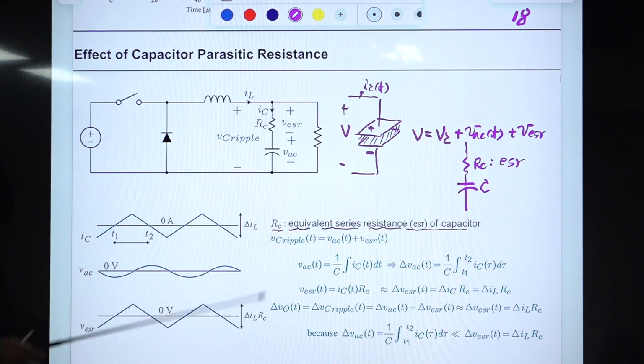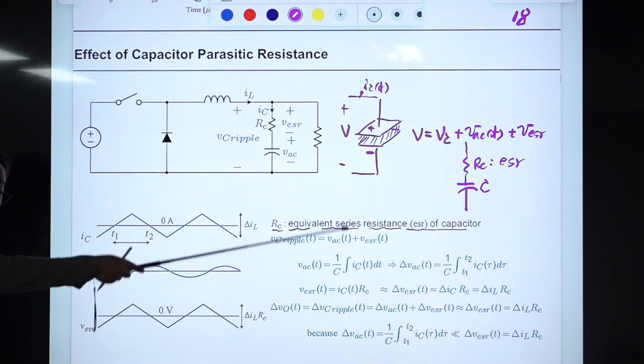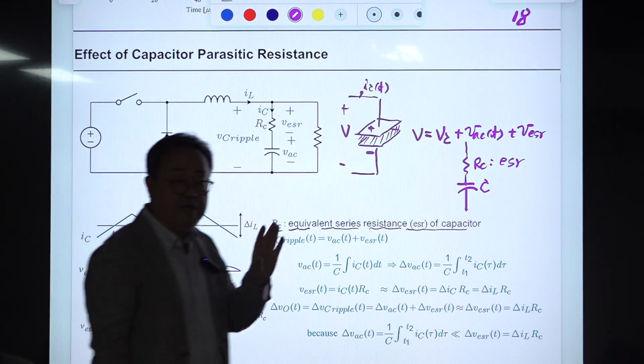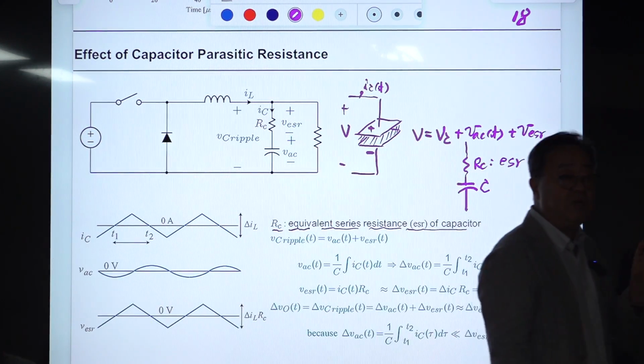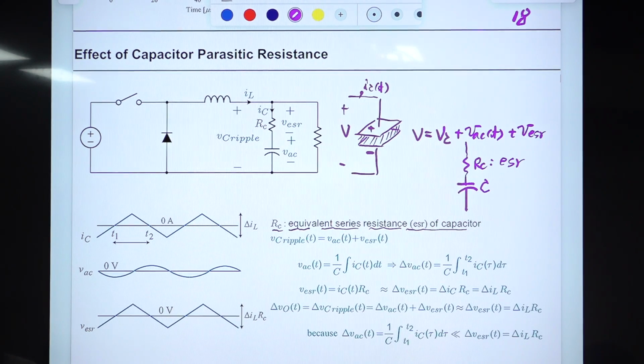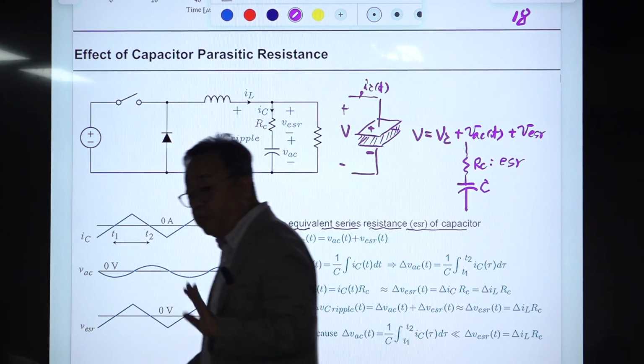Okay. So this creates the ESR zero, which critically affects dynamic analysis and control design of all the converters. Okay. So this is the most important value, maybe more important than the capacitance itself. But usually students, they ignore this, and industry people, they have no idea about this.